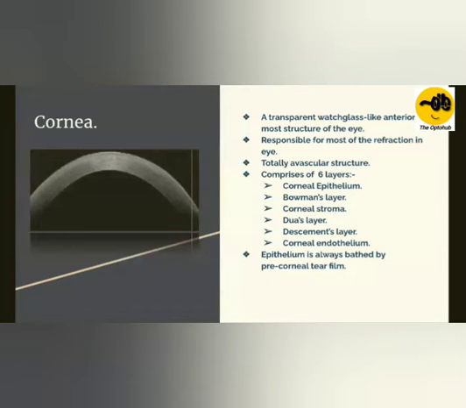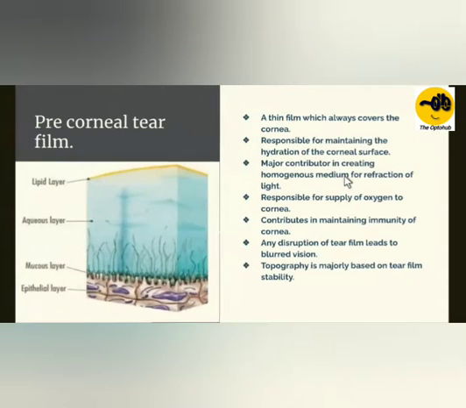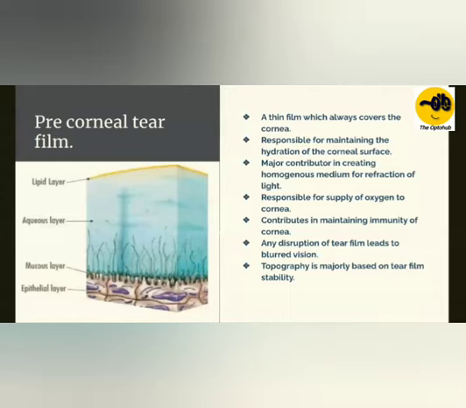One thing we need to remember when we are talking about topography is that the epithelium is always bathed by the precorneal tear film. So the topography is mostly based upon the first Purkinje image. In that case, the tear film plays a very important role in corneal topography.